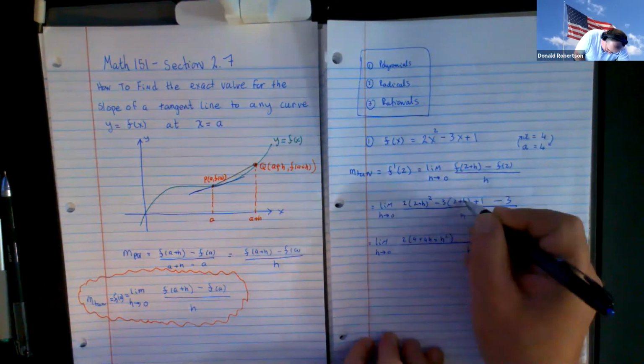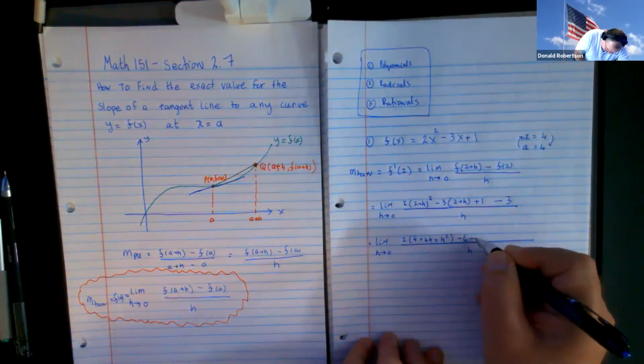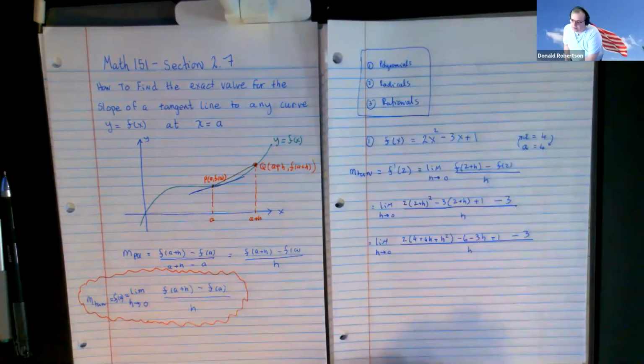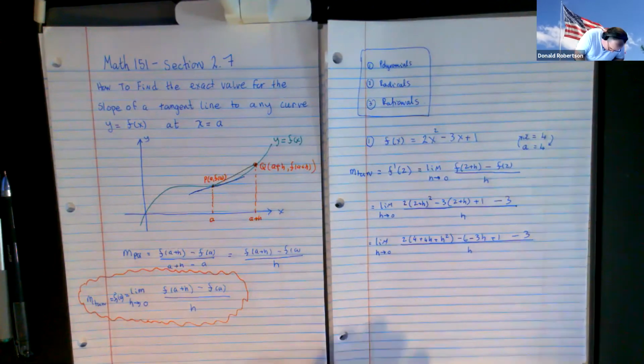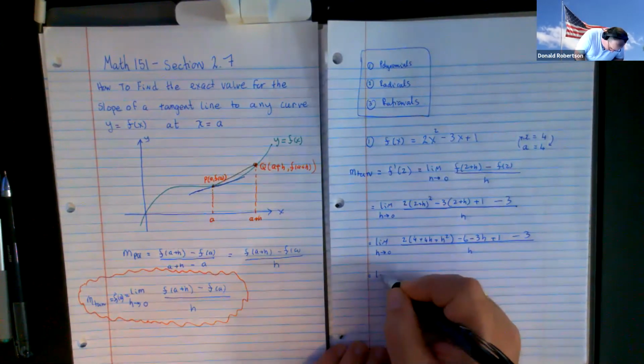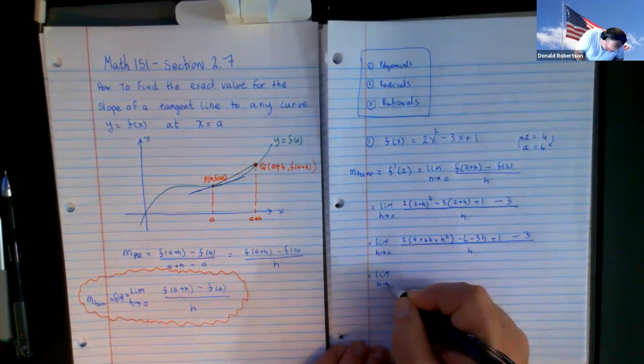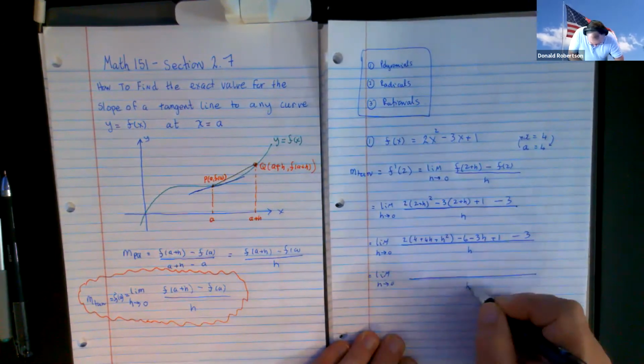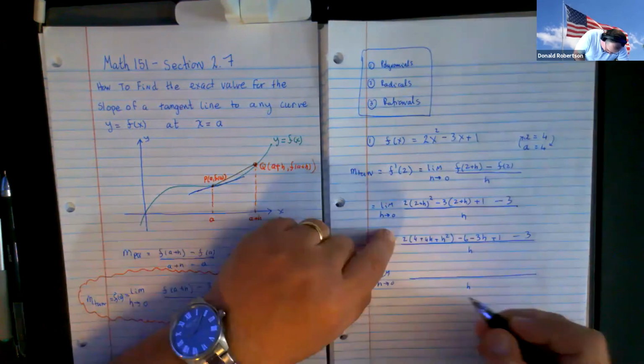Distribute this, you get negative 6, take away 3h, plus a 1, take away a 3. I probably don't need all these lines, but I'm putting every line I can think of in. You now double all these guys, so you distribute the 2.